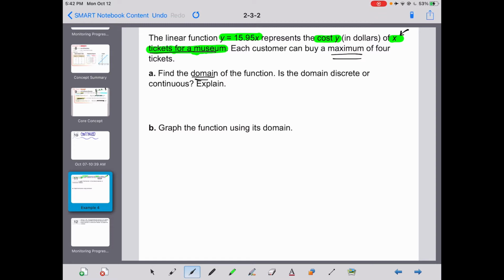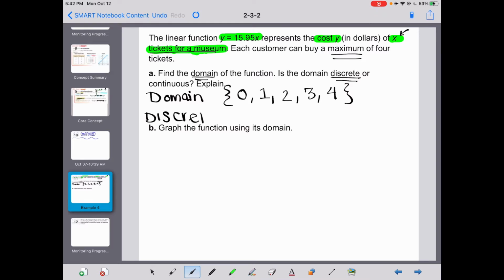So this domain is discrete because we're only looking at specific values. So the domain in this case would be I either get no tickets, 1 ticket, 2 tickets, 3 tickets, or up to 4 tickets. We said this is discrete because we have specific values. They're non-continuous.